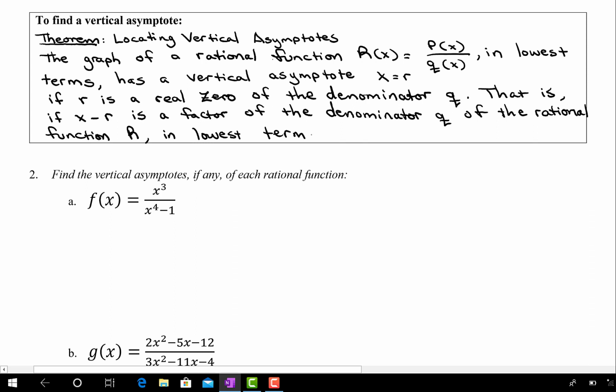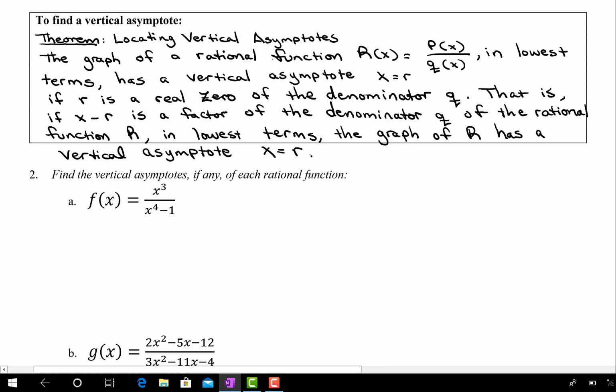So once again, that's key. The lowest terms part. You need to make sure it's in lowest terms. So it says here, that is, if x minus r is a factor of the denominator q of the rational function r in lowest terms, the graph of r has a vertical asymptote x equal to r.